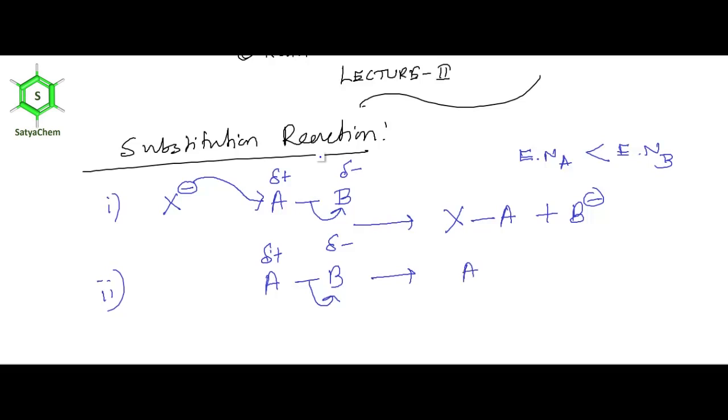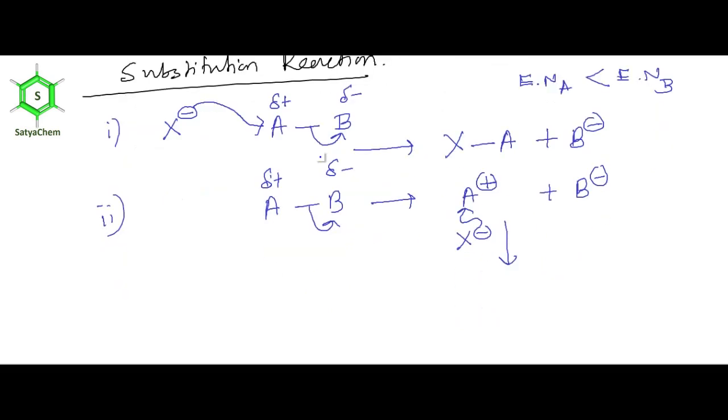Then we'll get the cation A plus and another anion, B minus. Now in the system we have X minus. X minus attacks A plus, then we'll get AX and B minus. So this is also another kind of substitution reaction.